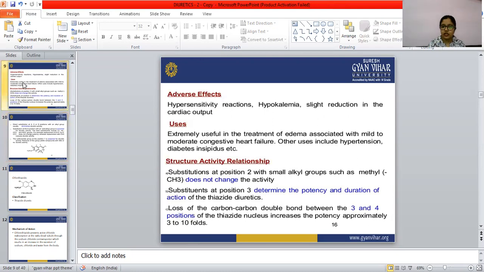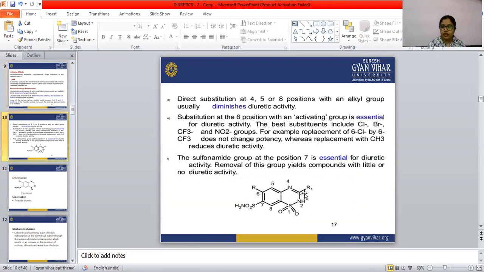If we are removing this double bond between the 3rd and 4th position, that increases the potency of the drug 4 to 10 fold more. In hydrochlorothiazide there is no double bond, so hydrochlorothiazide is more potent than chlorothiazide.